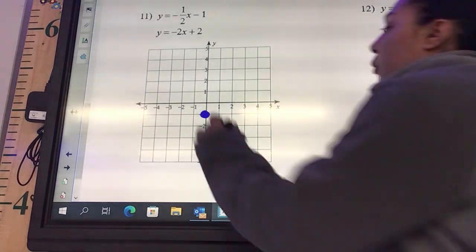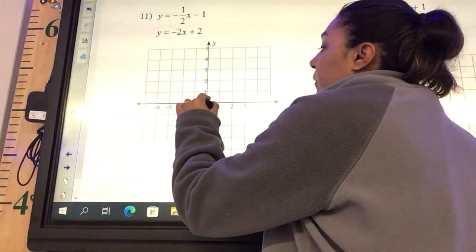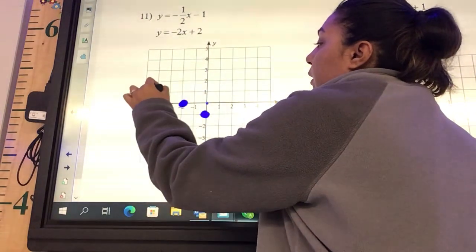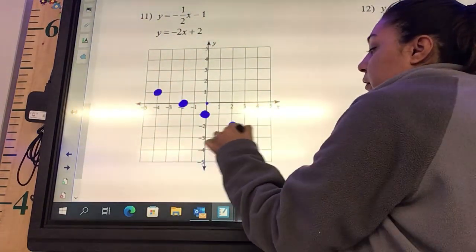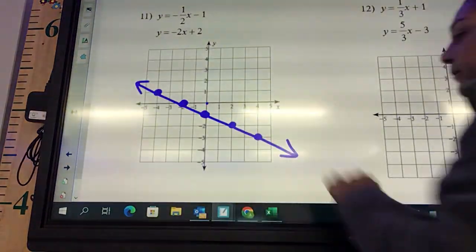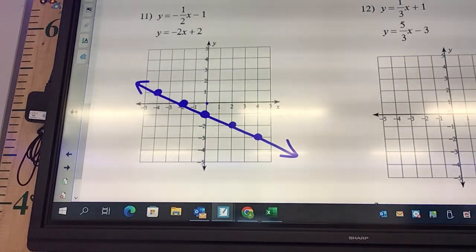Okay, so we're going to go up 1, over 2, which way? To the left. Up 1, over 2. Or we can go down 1, over 2.